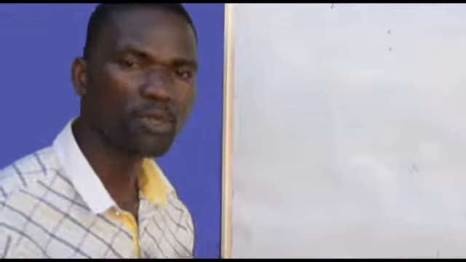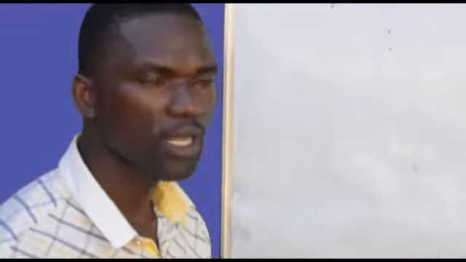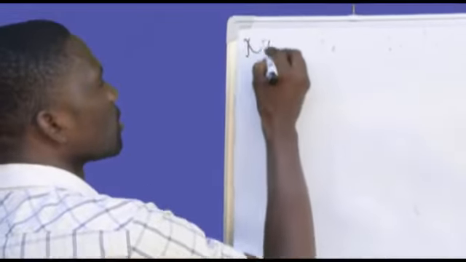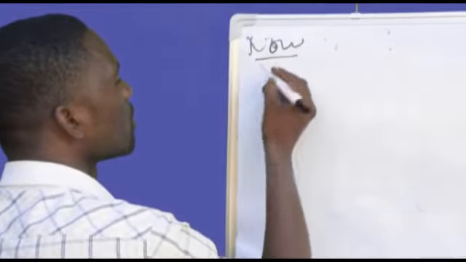Okay, so now suppose you have two sets A and B which are mutually inclusive, and I'm saying this means that the two sets A and B have common elements in them. So now let's work under an assumption.